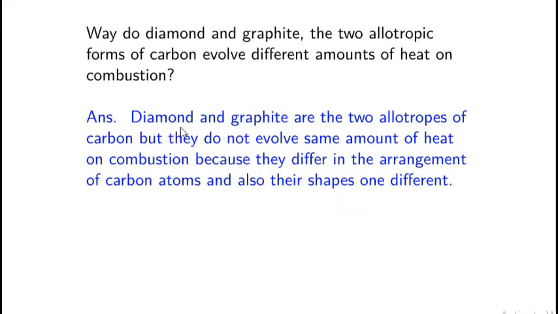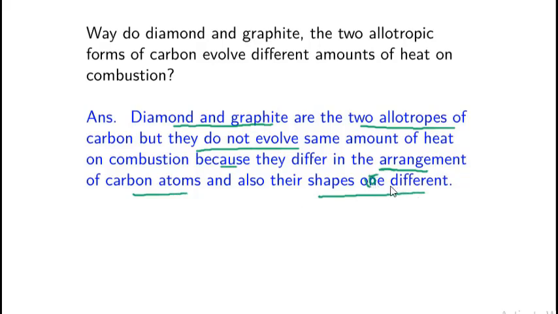So why are they asking? The answer is diamond and graphite are the two allotropes of carbon, but they do not evolve the same amount of heat on combustion because they differ in the arrangement of carbon atoms, and also their shapes are different.